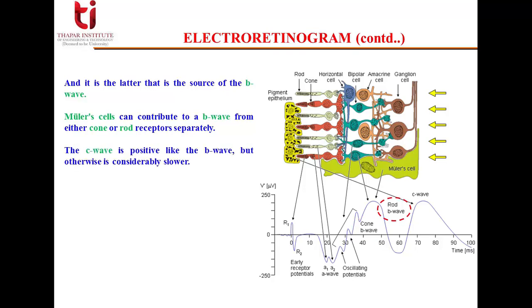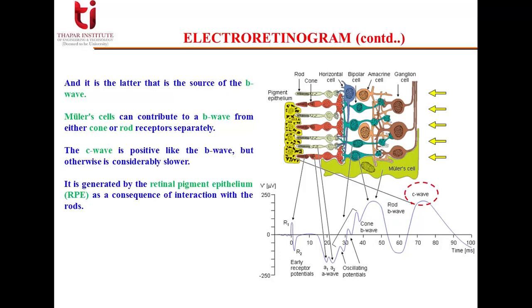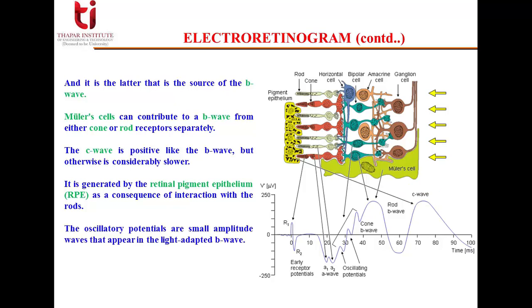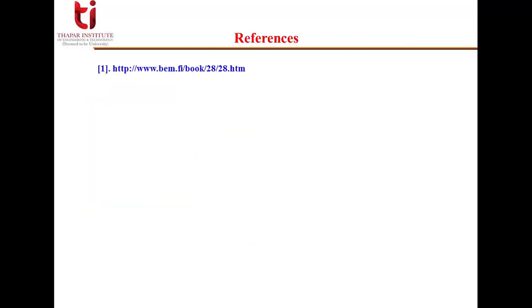Another is the C wave, which is positive like the B wave but otherwise is considerably slower. It is generated by the retinal pigment epithelium, that is RPE, as a consequence of interaction with the rods. The oscillatory potentials are small amplitude waves that appear in the light adapted B wave.